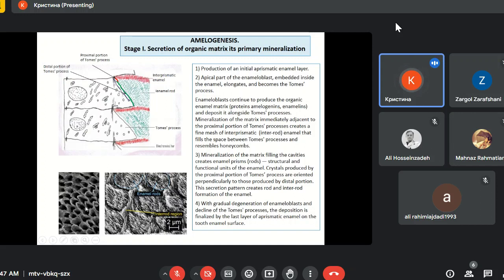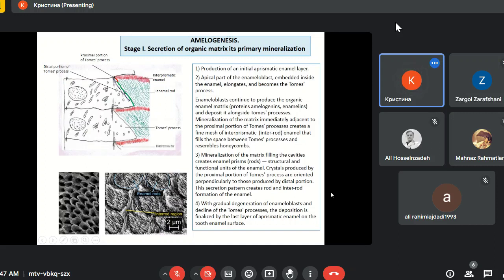So in the next stage, these honeycombs start to be filled with enamel rods. So enamel rods now are filling the mineralized matrix of the interrod region. Both interrod and enamel rods consist of elongated crystals of hydroxyapatite.